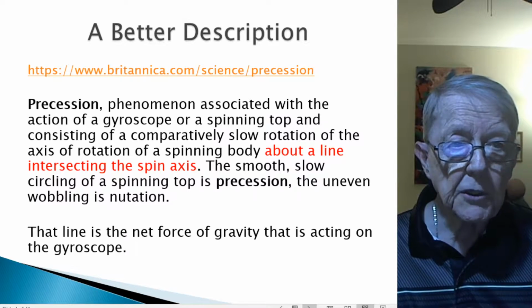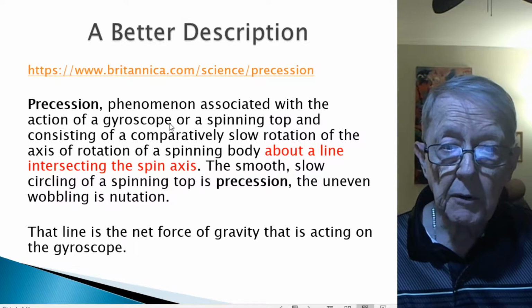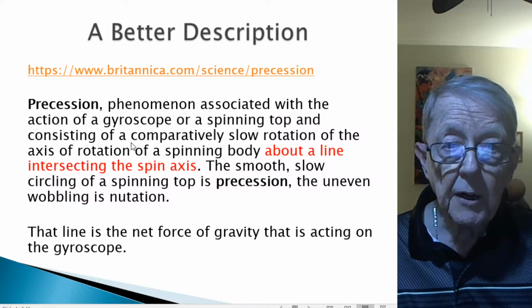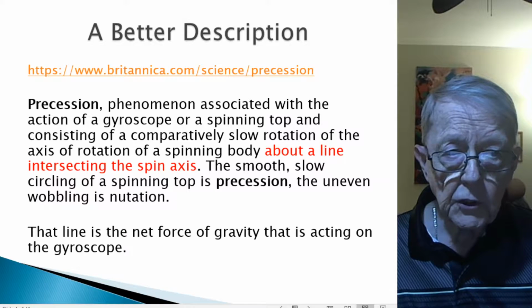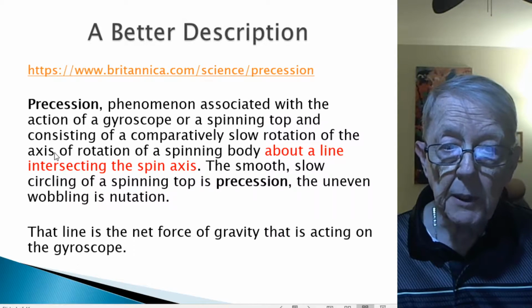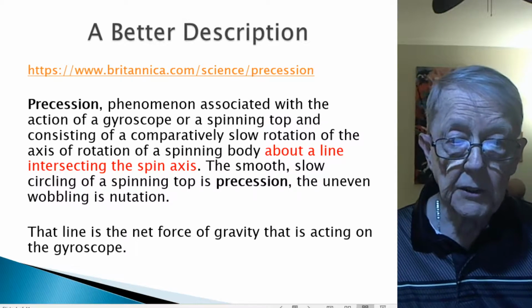Well, here's a better description from Britannica. Precession, a phenomenon associated with the action of a gyroscope or a spinning top, and consisting of a comparatively slow rotation, emphasis on slow, of the axis of rotation of a spinning body about a line intersecting the spin axis.